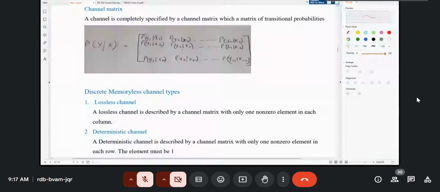We call these transitional because we are talking about an output symbol given a certain input symbol.